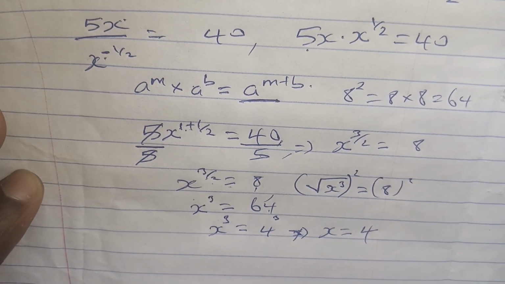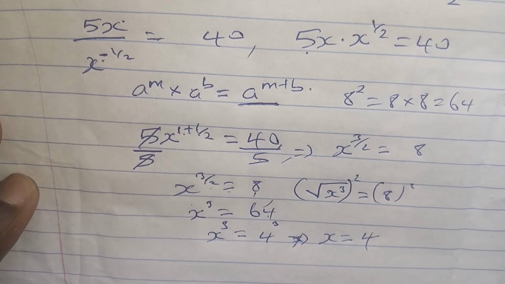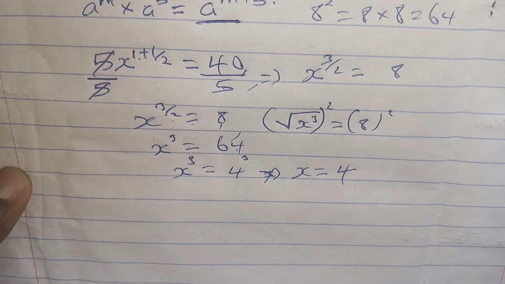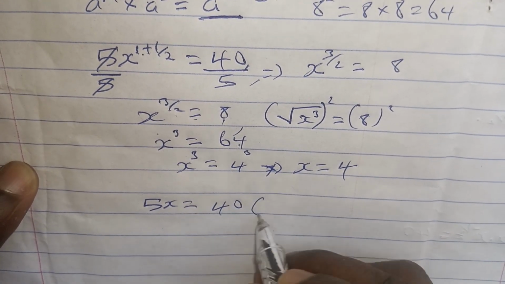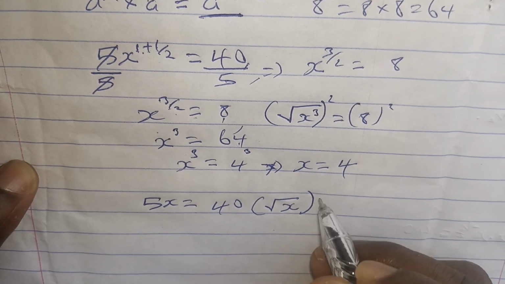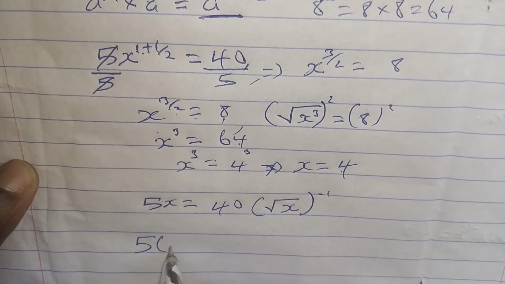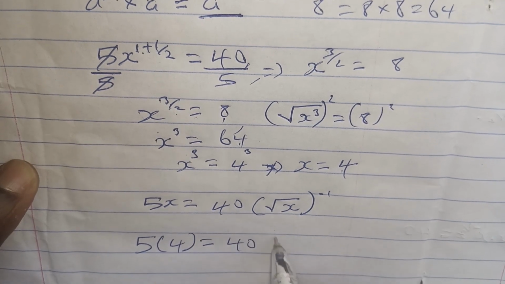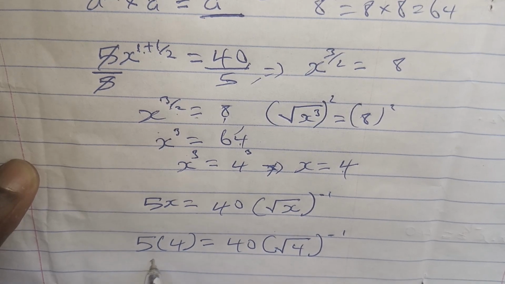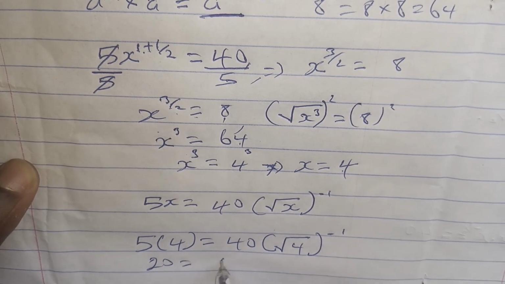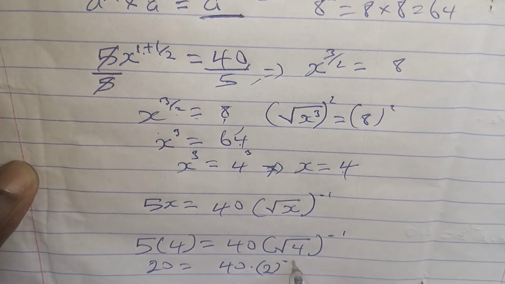Let's plug the value of x into our question to see whether it is correct. The question reads 5x is equal to 40 times (root of x) to the power of -1. Recall x is equal to 4, so we put 5 times 4 is equal to 40 times (root of 4) to the power of -1. We have 20 is equal to 40, and the root of 4 gives us 2, to the power of -1.